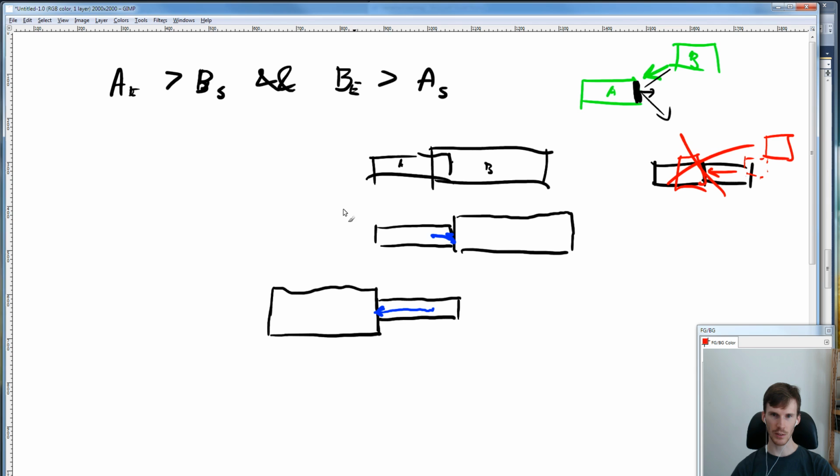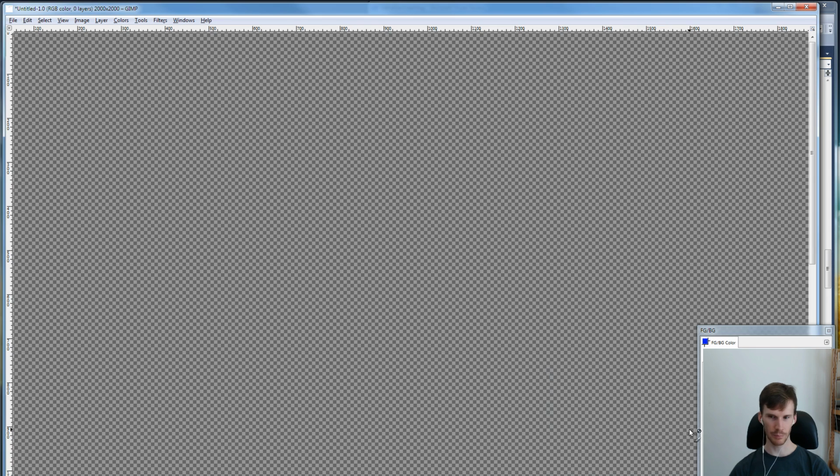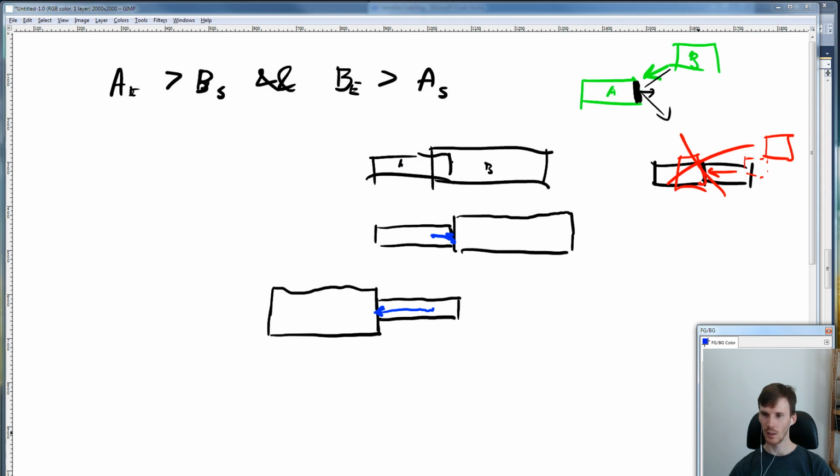So in this case, which is the first one, we're increasing the position of B such that it will be out equal to the A end. We can do that because we know how much, just with these two values.